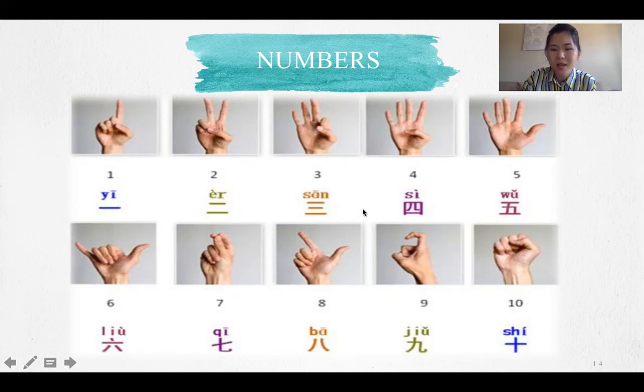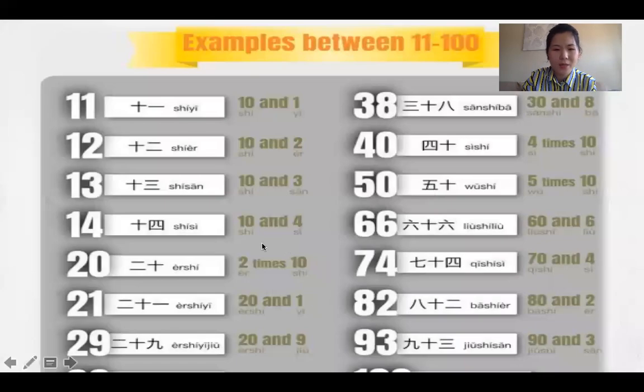If it's 40, 4 tens, 40. 50, 60, 70, 80, 90. Okay, so this is how you say all the tens.